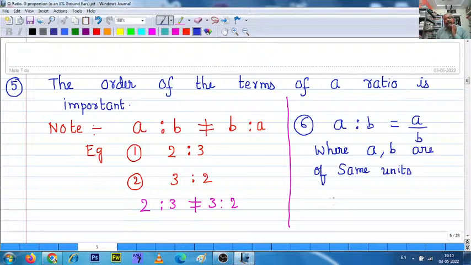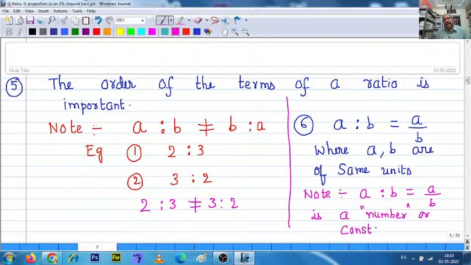So one more important note we can conclude: A is to B, that is A by B, is a ratio. Ratio is nothing but a number, a constant, because A and B have the same units, which get cancelled, so you always get a constant. So in physics, generally the ratio is said to be a dimensionless quantity.